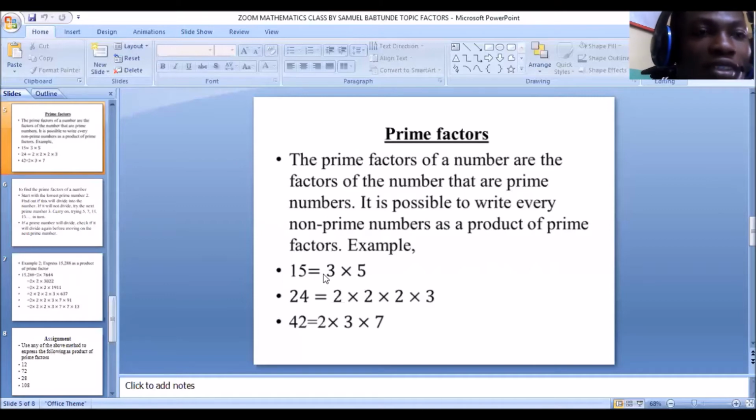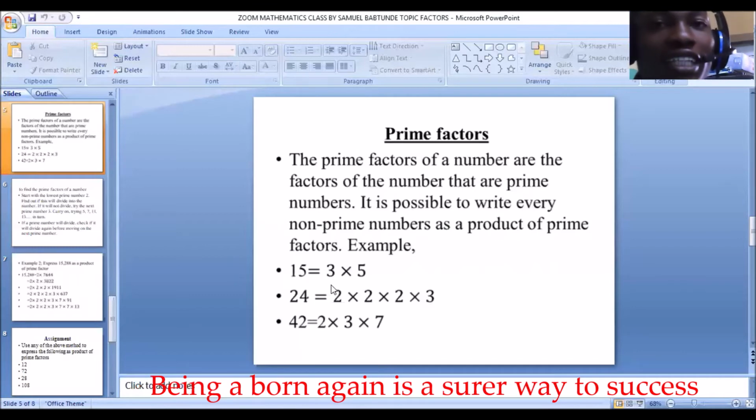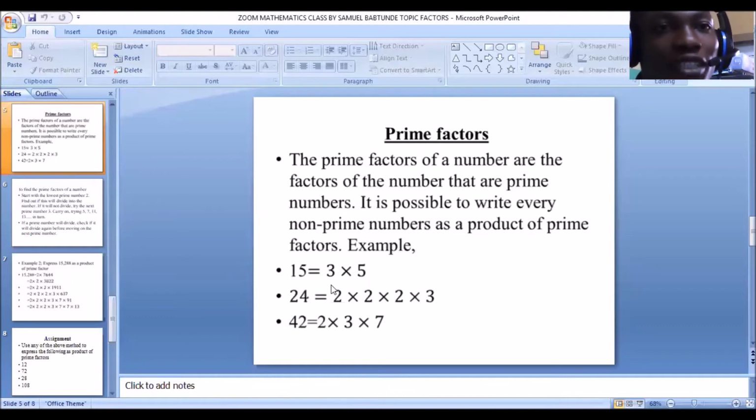We have 1, 3, 5, and 15 itself. These are factors of 15. But out of all these factors, which of them are prime numbers? That's what you call prime factors. They are the factors of a number that are prime numbers. Out of all these factors, 3 and 5 are prime numbers because they can only be divided by themselves and 1. So they are the prime factors of 15.